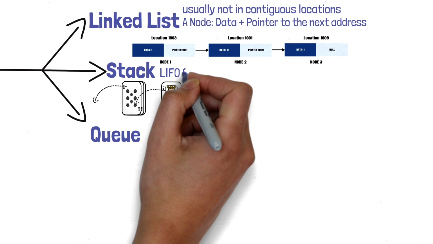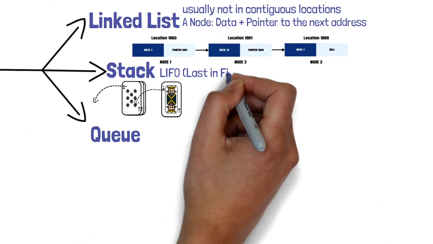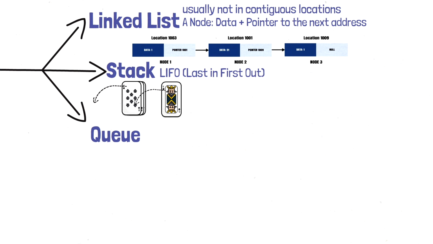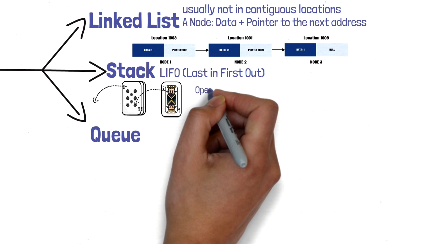And we call this feature LIFO, which means last in, first out. The last element we put into the stack is the first one to be taken out.